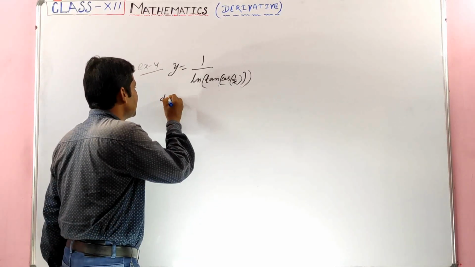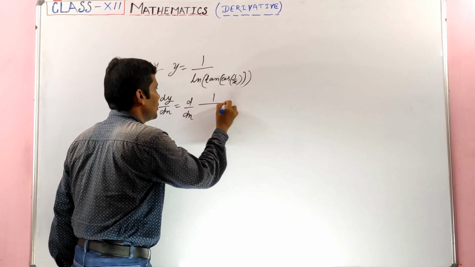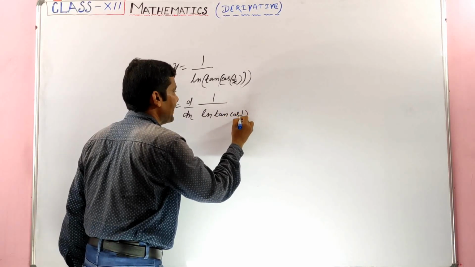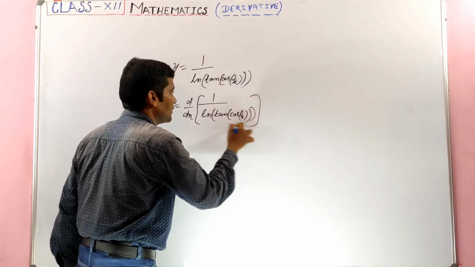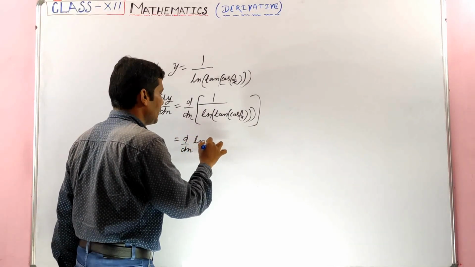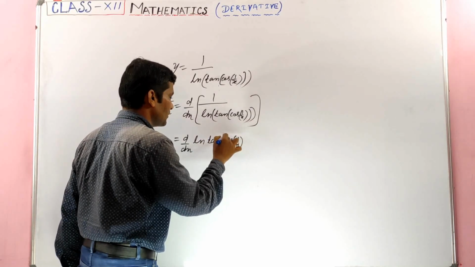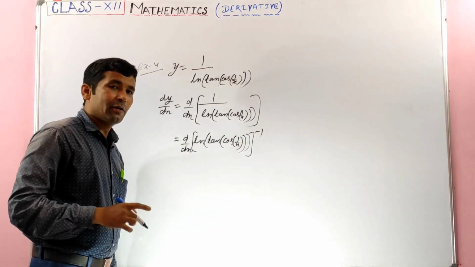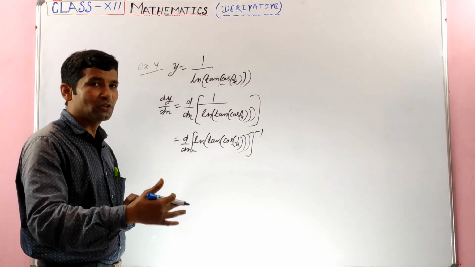Therefore dy by dx equals d by dx of y, which is 1 by ln 10 cos 1 by x, which equals d by dx of ln of 10 of cos of 1 by x, whole power minus 1. Now I will write the answer directly in the row, then I will explain the steps of the chain rule.